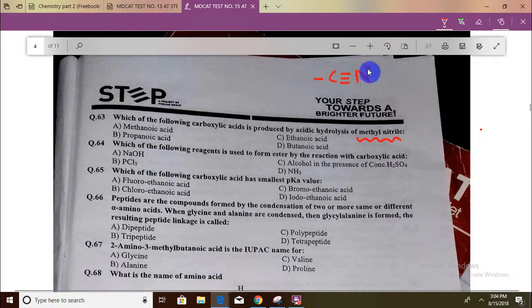So if this was methyl cyanide, it would actually have been like this, because cyanide already includes a carbon portion. But because it's methyl nitrile, the nitrile part does not include the CN, so we only have 1 carbon, so this is the right one.